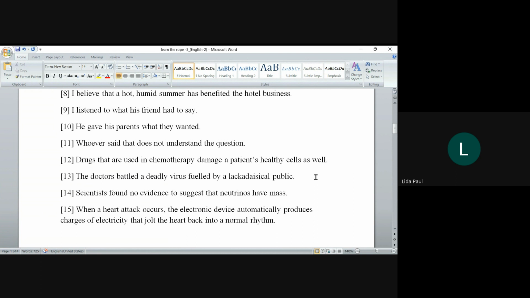All right, 13th one. The doctors battled a deadly virus fueled by a lackadaisical public.